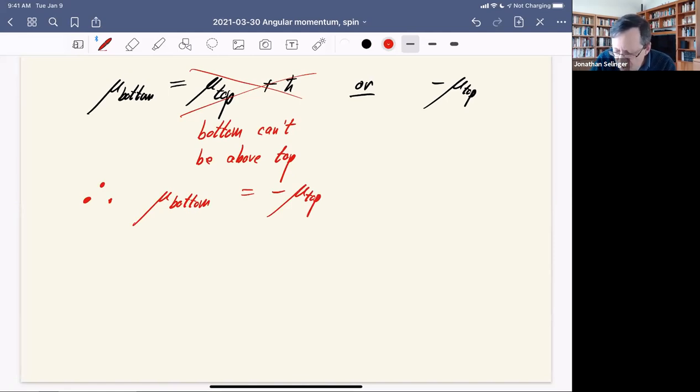So this tells us some possibilities for what we can have with our ladder of eigenvalues. Let's think about the possibilities. We need to say that the bottom is the negative of the top. We also need the spacing between the steps on the ladder to be h bar.